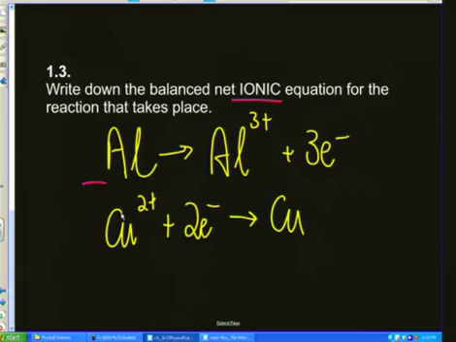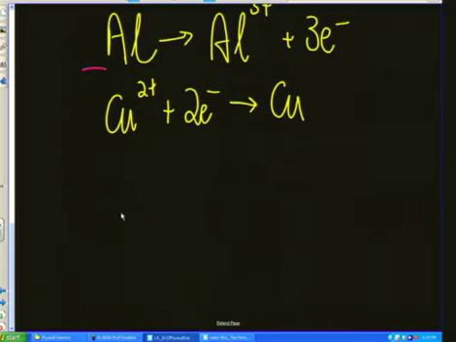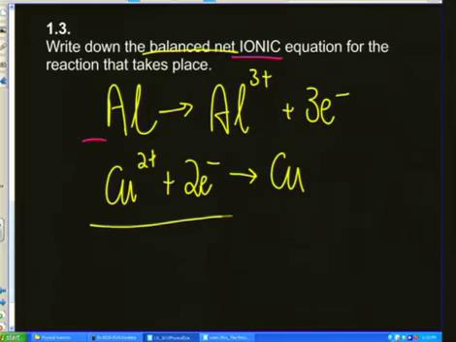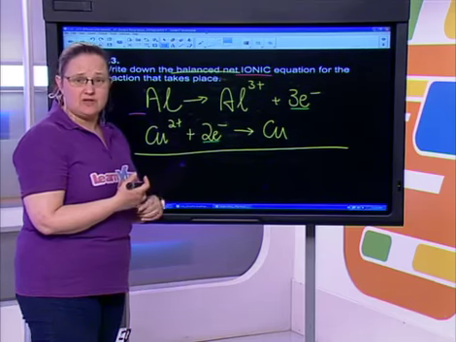But now the question was, write down the balanced net ionic reaction. This is not the net ionic, and it's not balanced, because balanced means that if I add these two together, I sort out all the electrons. So we look at this and go, well, there's 3 electrons there and there's 2 electrons there. I have to do something here, because if I just add these together as they are, I'm going to have an electron left over.